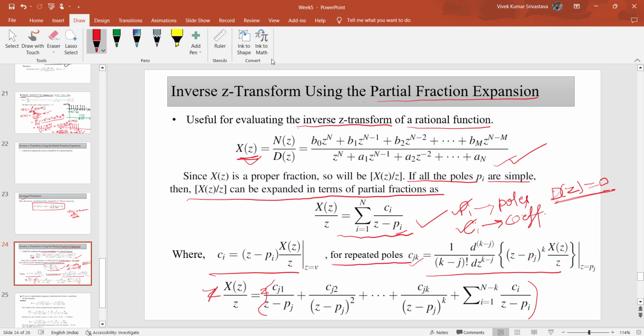So this z and z will cancel out, and you will get this expression. And by using the inverse z transform of these signals, basically z over z minus p, which is known to us, we can easily evaluate the inverse z transform of any rational function.